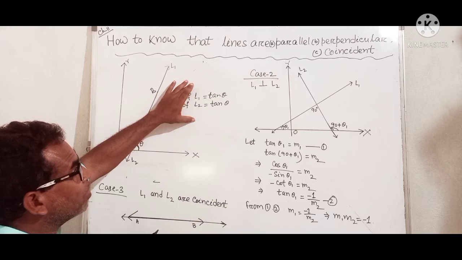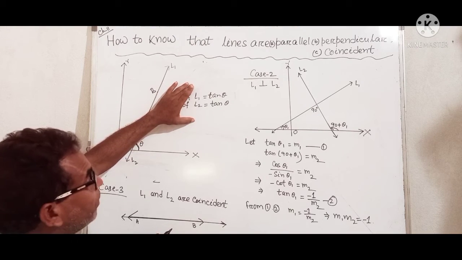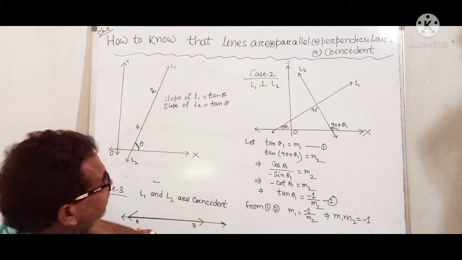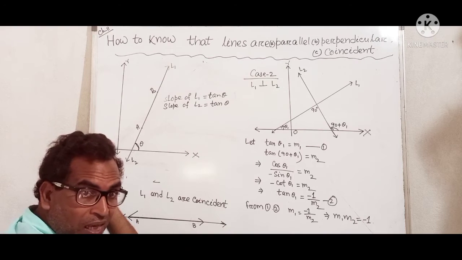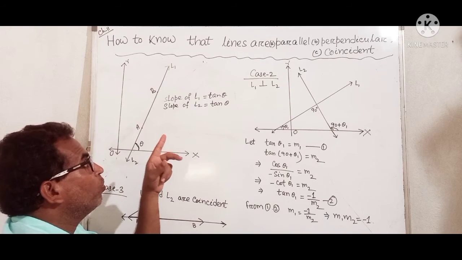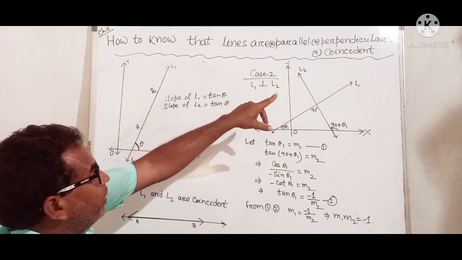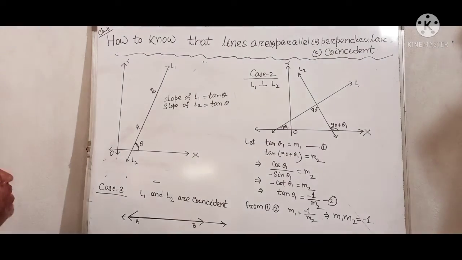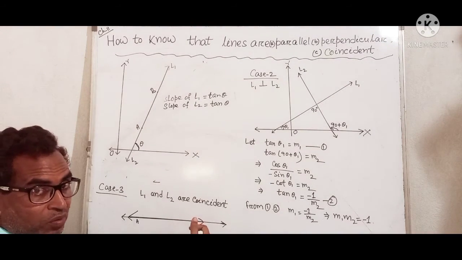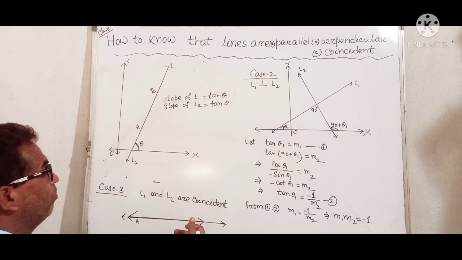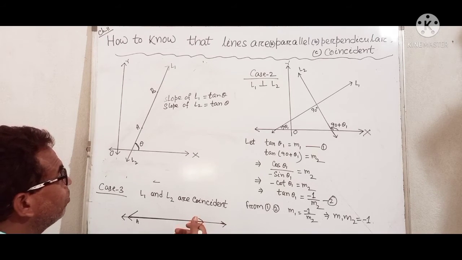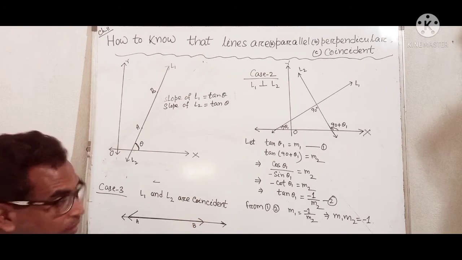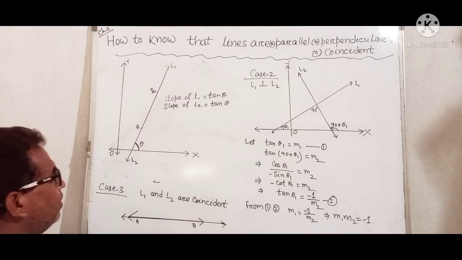If slopes are equal, two cases may arise: the two lines may be parallel, or the two lines may be coincident. So we will have to find more things to show that two lines are coincident.